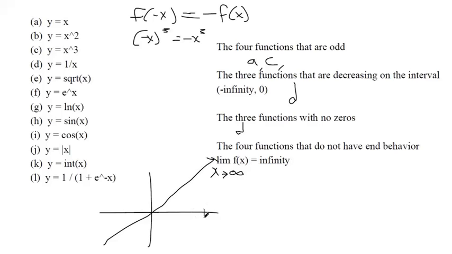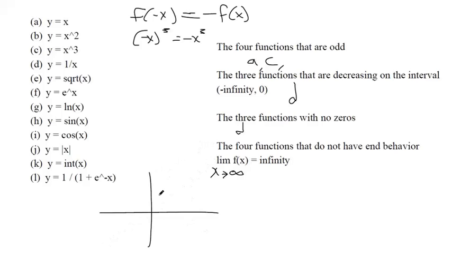If I'm looking at x values as we get bigger and bigger, my y values are never going to stop increasing. Oh wait, the ones that do not have end behavior. Sorry, A does have end behavior that it approaches infinity. The y values are always increasing as you read the graph from left to right, as you approach positive infinity is what I should say.